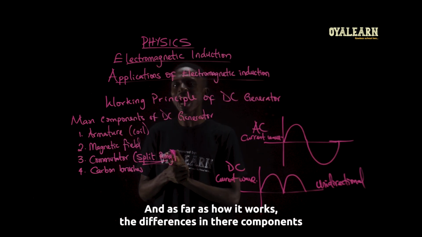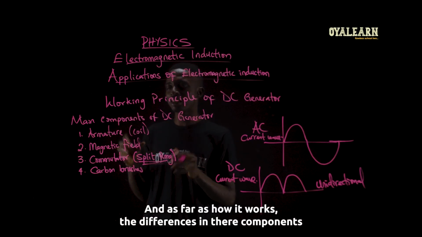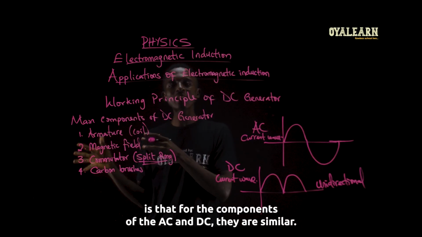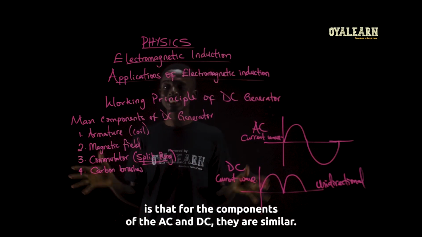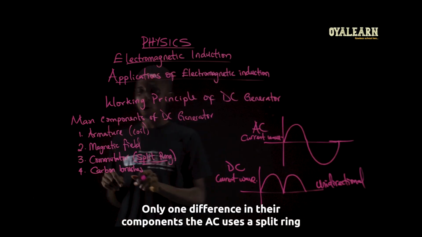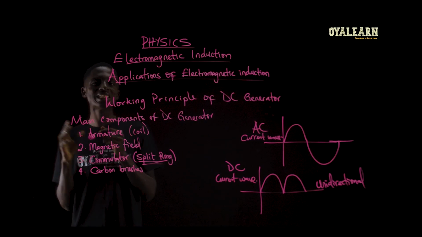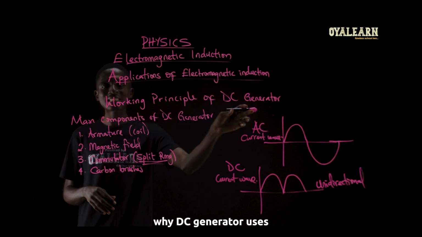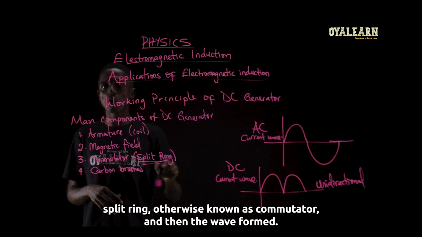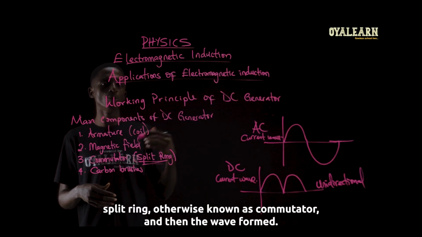And as far as how it works, the components of the AC and DC generators are similar. Only one difference in their components. The AC uses a slip ring, while the DC generator uses a split ring, otherwise known as a commutator.